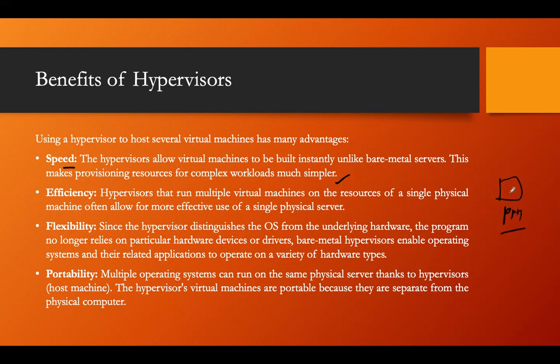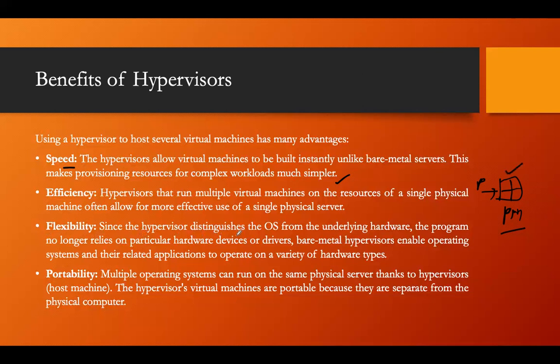So we have this hardware, but we cannot use it fully if we are running a very low-end program or a very high-end program on that particular machine. But if we divide it into different virtual machines, every core of that particular physical machine could be useful, so efficiency could be increased.